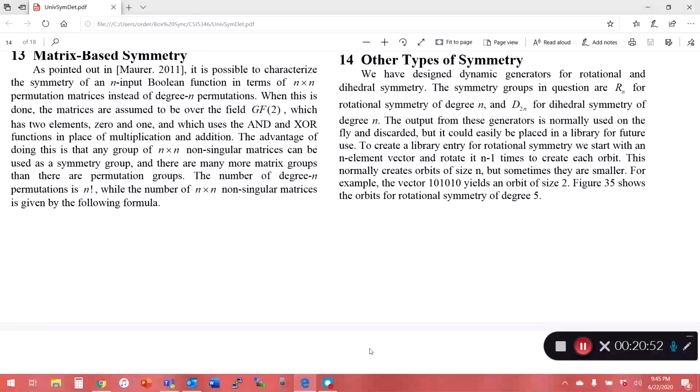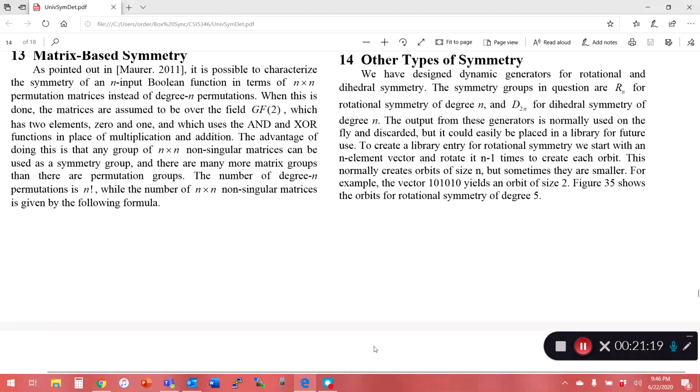I think S sub 8 required about a month of computation time. The others were much faster. It gets real slow real fast. So anyway, we have libraries for any subgroup of any symmetric group up through S sub 8.